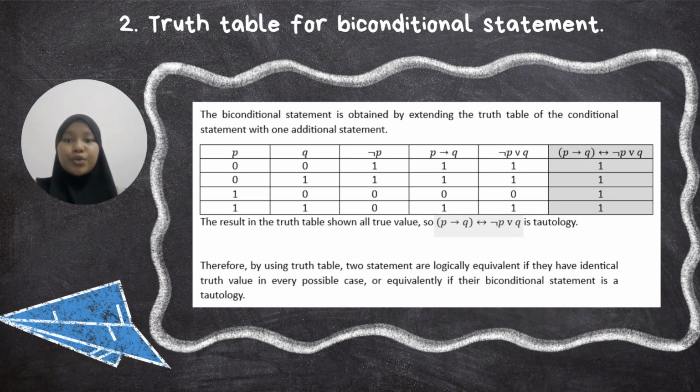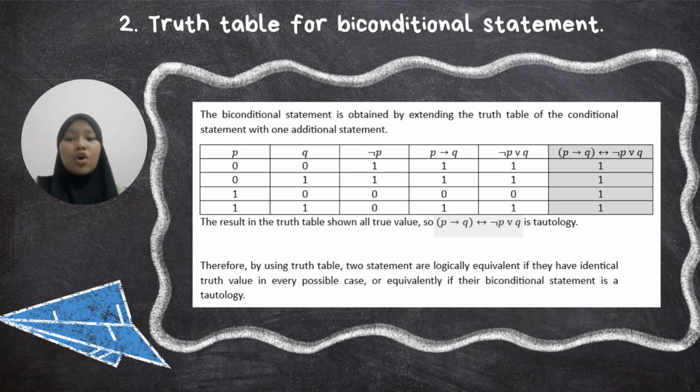Secondly, I will show you the truth table for biconditional statements. In this table, we form a biconditional statement written as P implies Q if and only if not P or Q, by comparing the two statements from the previous truth table.